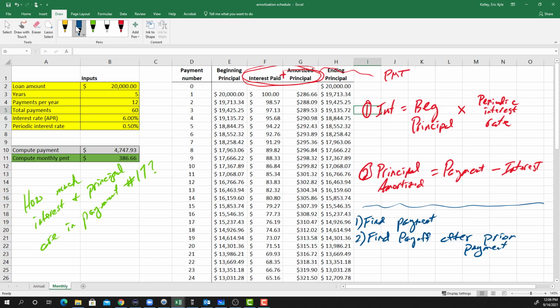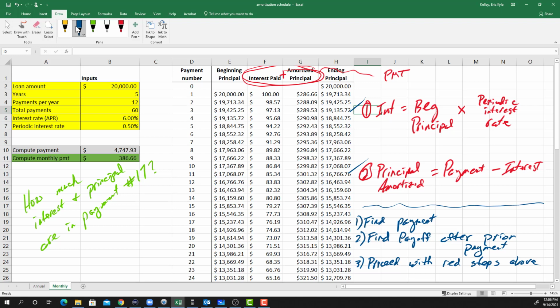And then third, you recognize that the payoff after the prior payment is the same thing as the beginning principal balance for the current payment. And so you'll need to proceed with the red steps above from there. And so you've got this one and this one, and you would be done.